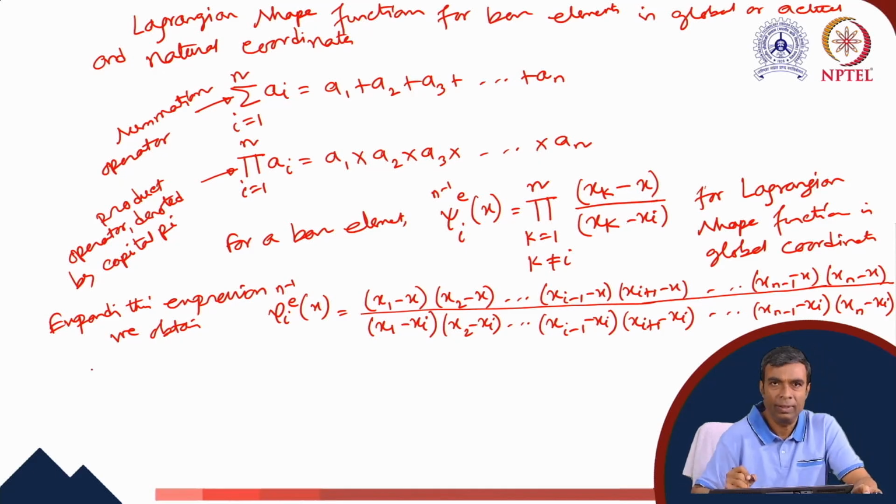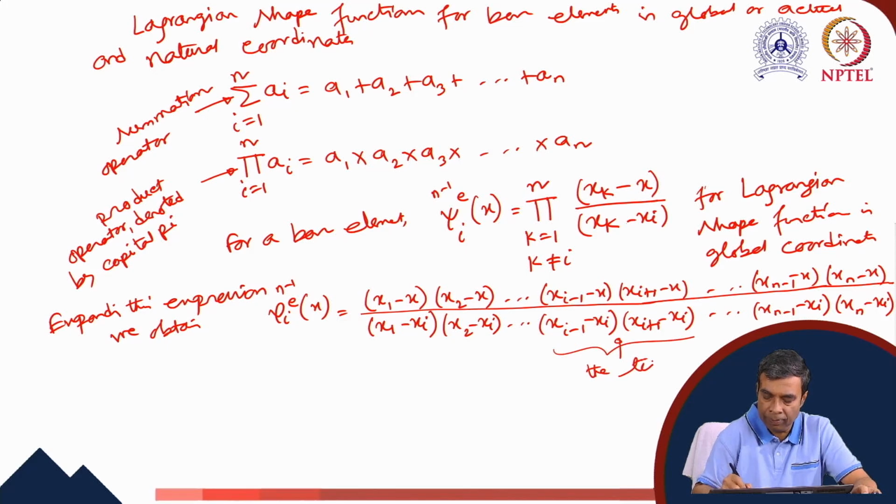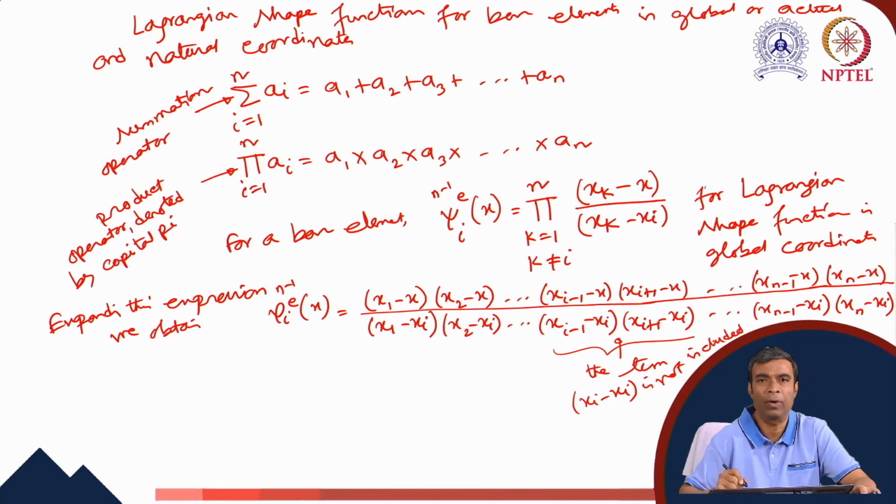Now, since k cannot be equal to i, we cannot take the term xi minus xi, and because of this, here we have to note that the term xi minus xi is not included. Okay, we cannot divide by 0. This should be noted.